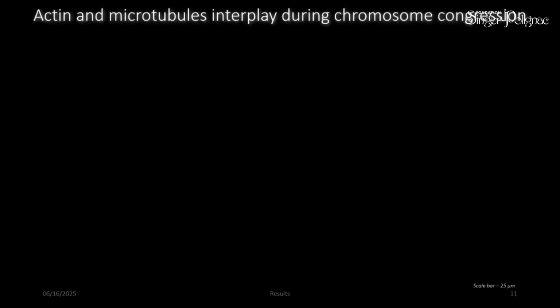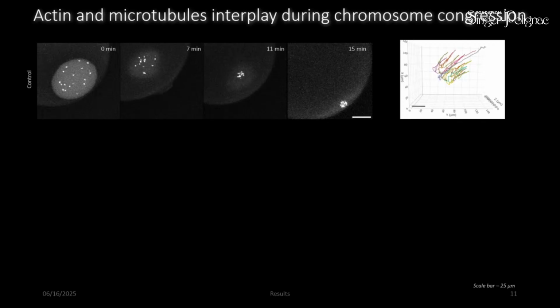In order to understand which phases involve actin and which involve microtubules, I did 3D chromosome tracking combined with some molecular perturbations. In control oocytes, we can nicely see that after NEBD, within 10-12 minutes, all the chromosomes are congressed and then transported to the cortex.